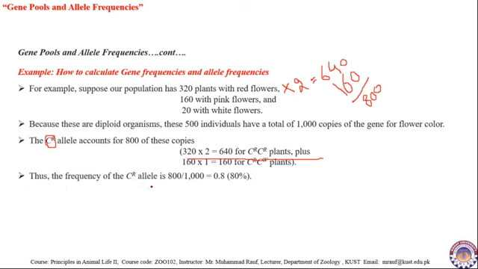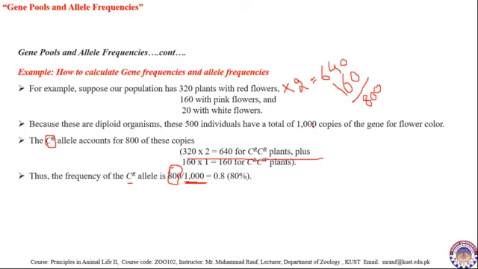The formula is the number of copies of a particular allele in a population divided by the number of all alleles for that particular trait in that population.